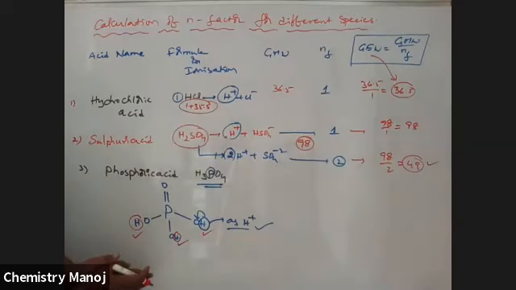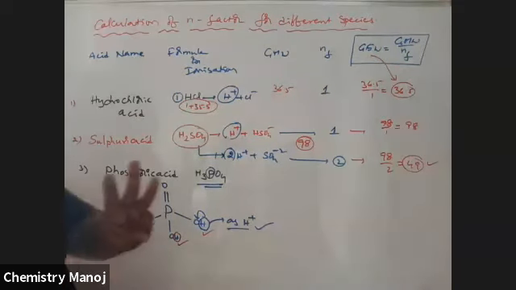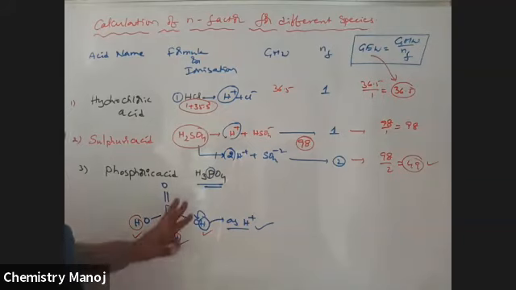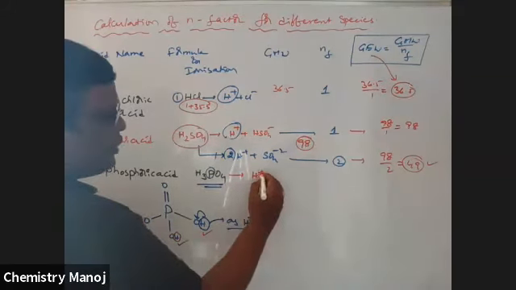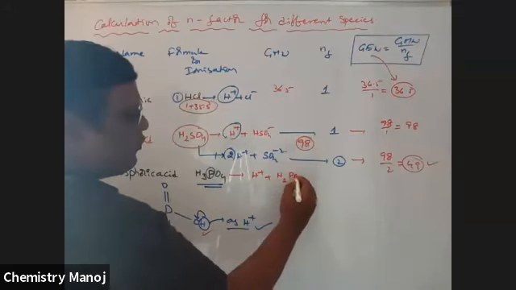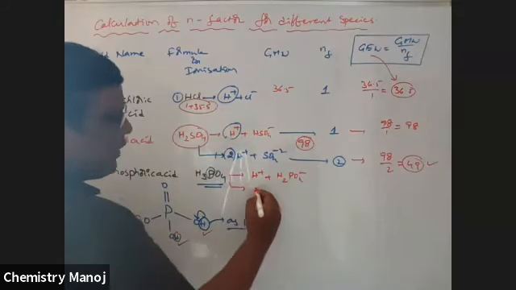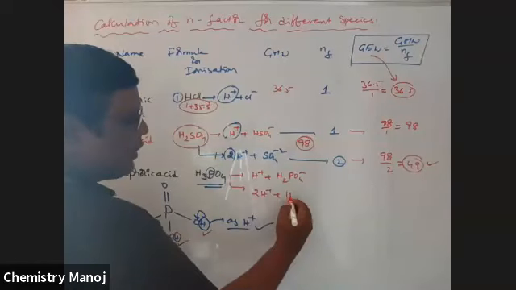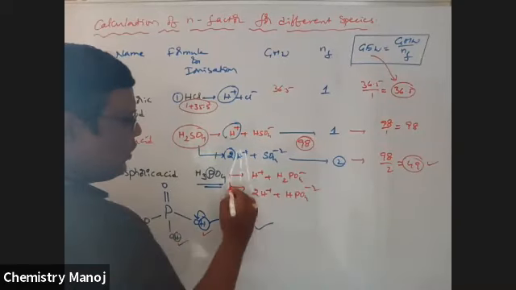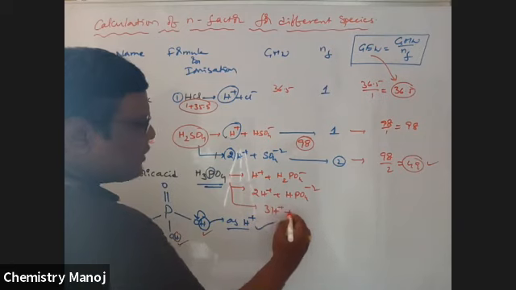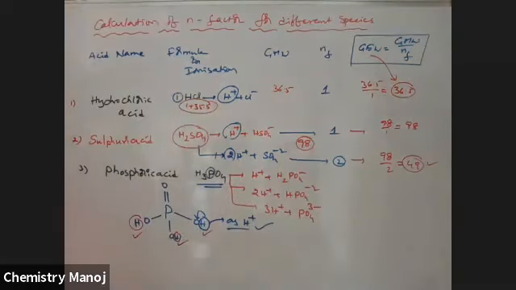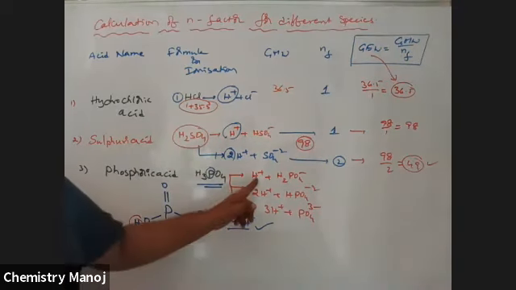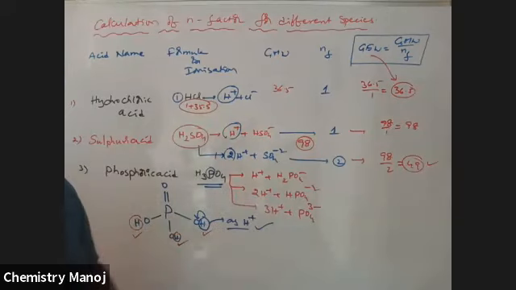That means the maximum basicity of this acid is 3. So it may be H plus and H2PO4 minus, or 2H plus and HPO4 2 minus, or 3H plus and PO4 3 minus. These 3 are possible. It is tribasic. So basicity 1, basicity 2, up to basicity 3.